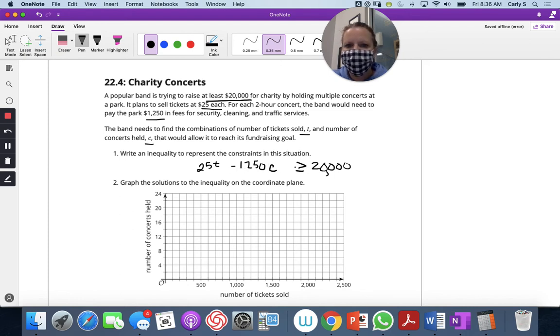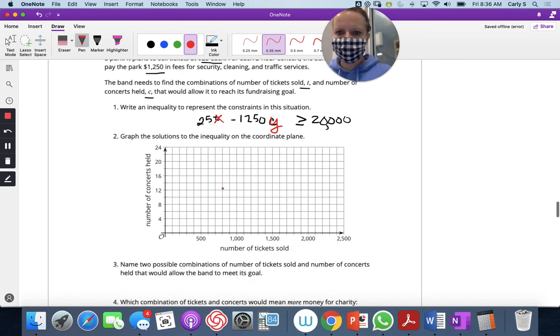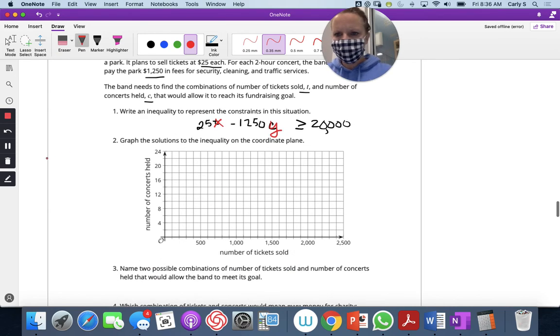Okay, so there is our inequality. Now, number of tickets sold is X, and the number of concerts held is Y. So there's our inequality.